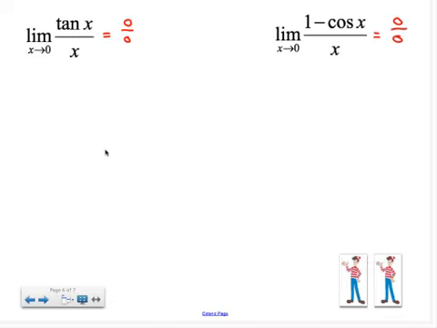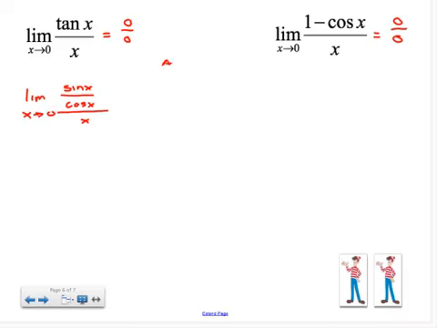So what can we do? As a trig student, I'm enticed, since I'm looking for sine of stuff over stuff, that I can convert tangent x into sine x divided by cosine x. All right, that's all over x.